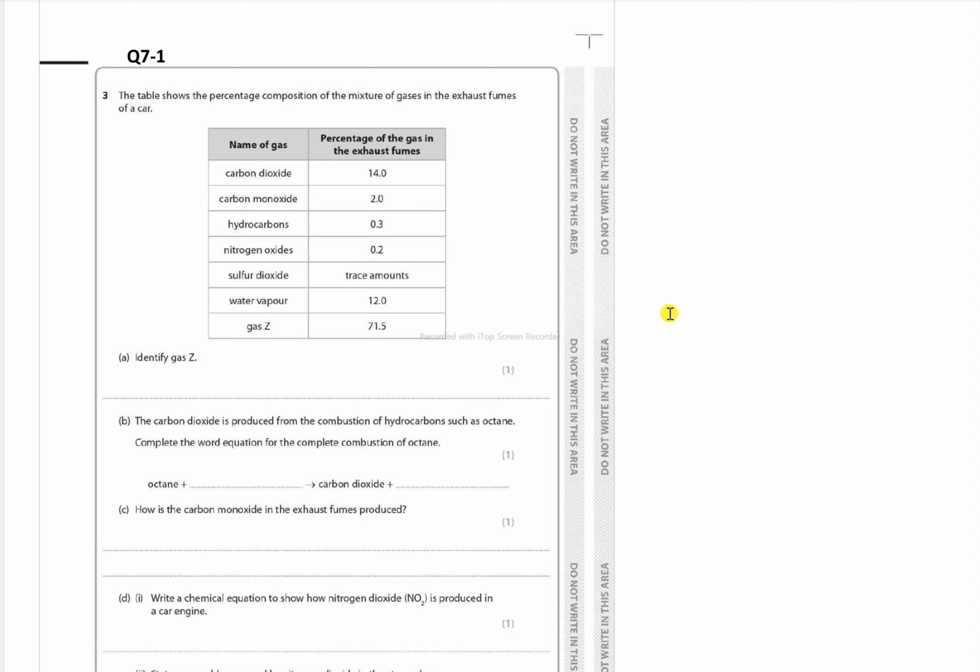Right, we're carrying on with this hydrocarbon. The table shows percentage composition of a mixture of gases in the exhaust fumes of a car.